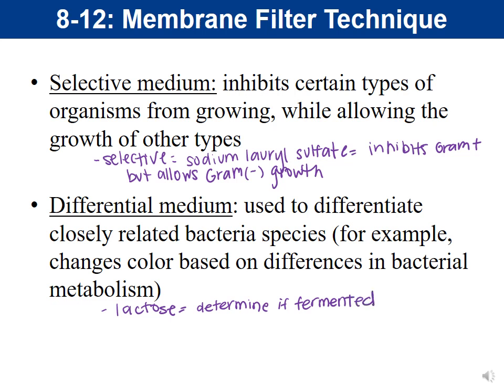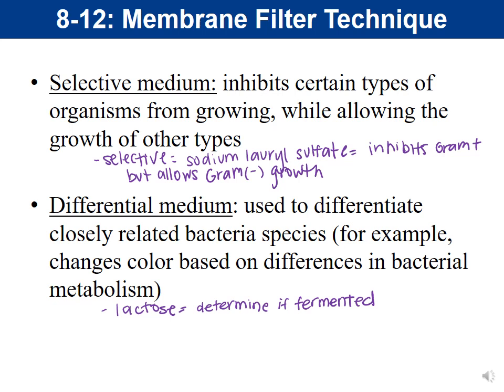We're trying to separate coliforms from non-coliforms based on differences in lactose metabolism. Some gram-negative bacteria are not coliforms, meaning they'll grow in the LTB but won't ferment the lactose. So lactose allows us to differentiate between coliform bacteria that ferment it and non-coliform bacteria that do not.